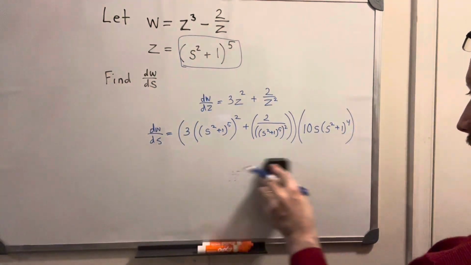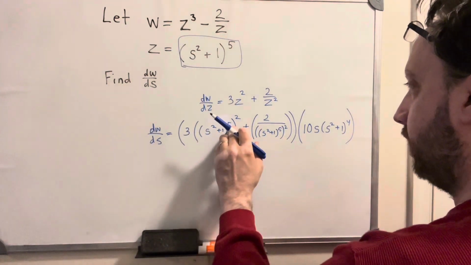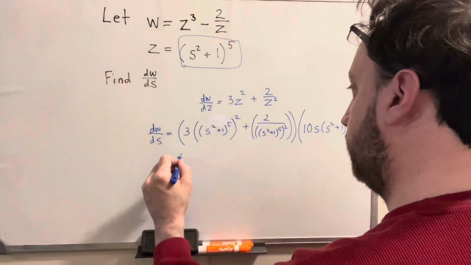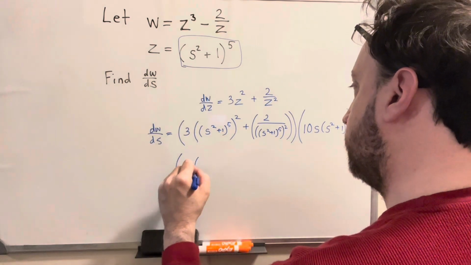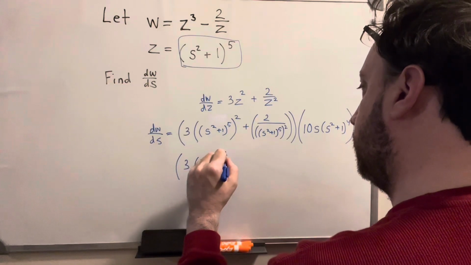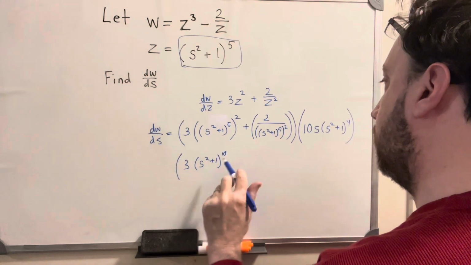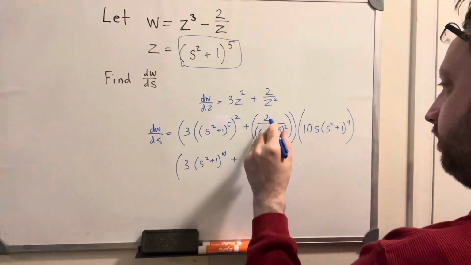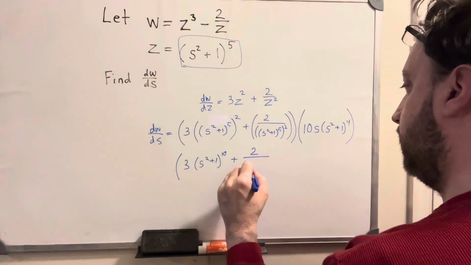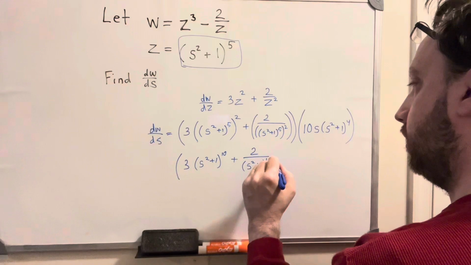We can do some cleanup here. Simply, this quantity to the 5th and then squared would be this quantity to the 10th, right? So we can just rewrite 3 times (s squared plus 1) to the 10th, plus 2 over (s squared plus 1), also to the 10th.